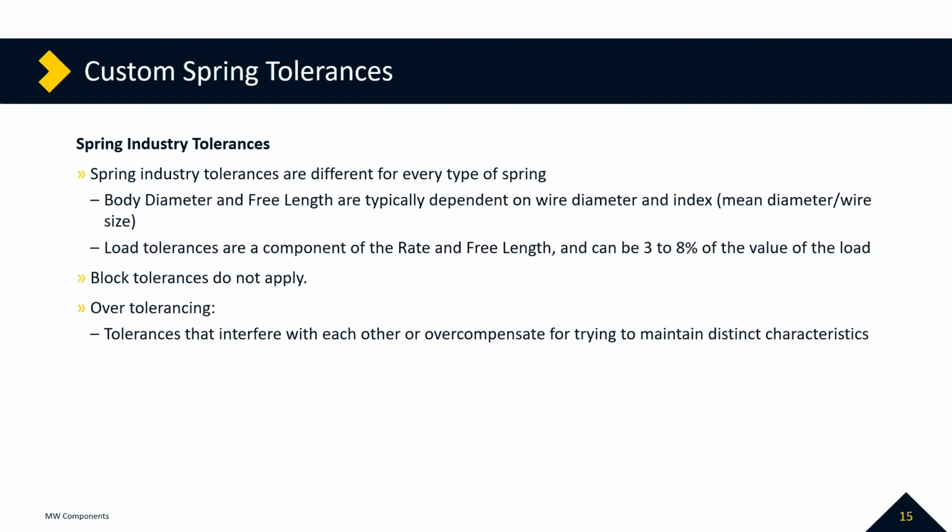There could be some situations where you could have one tighter than the other that would create additional output or additional operations to maintain not only that free length, but that specified load. So they play hand in hand with each other. So just be aware of what you need or desire in that assembly or in your spring design, and keep in mind those different things that can affect one or the other.